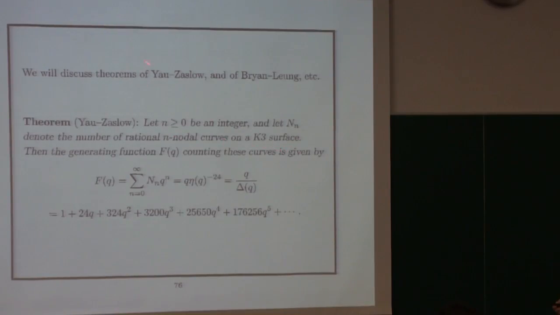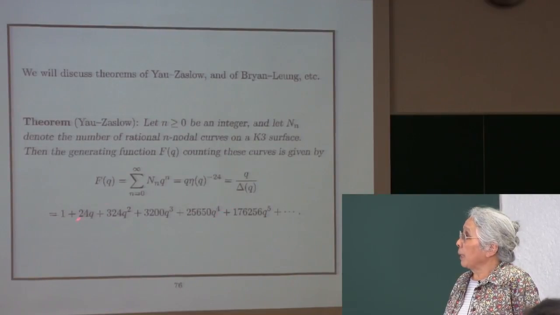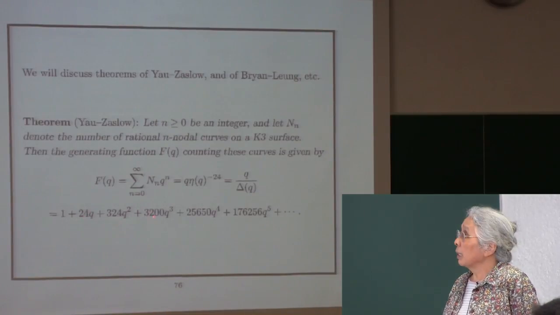You have this sequence of numbers, so you cook up a generating function, the sum of N_n q^n, where q is a formal parameter. Then this is just q over delta(q). If you expand this, one node has 24 curves, 2 nodes have 324 curves, and so on.